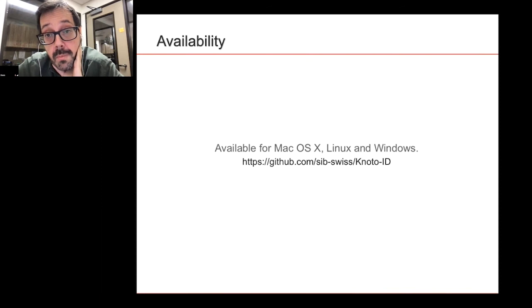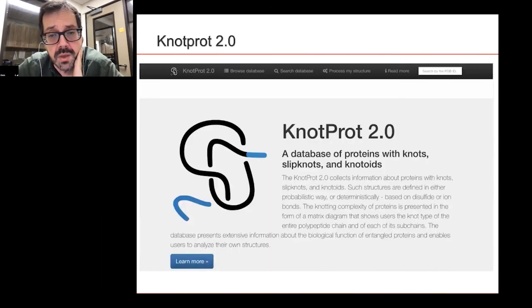We will be happy. And the final thing I want to mention is the KnotProt database, the 2.0 version, which includes Knotoid in the backend that analyzes Knotoids. To me, it's the most coherent database of knotted proteins.